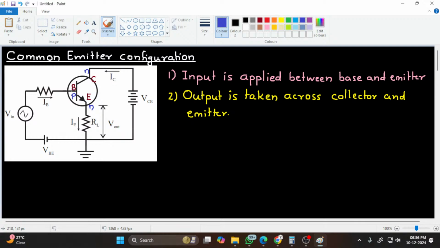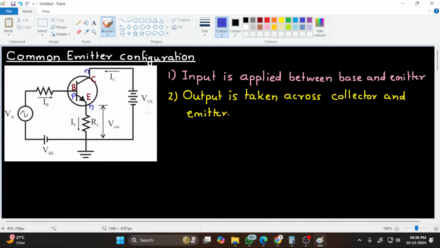So you can see that the base, which is P type, is connected to the positive terminal, and N type emitter to negative terminal. So base emitter PN junction is forward bias, and base collector is reverse bias. So like that it is there.